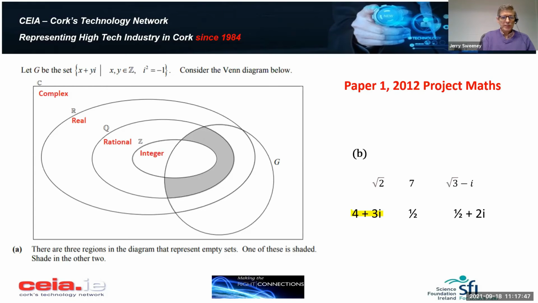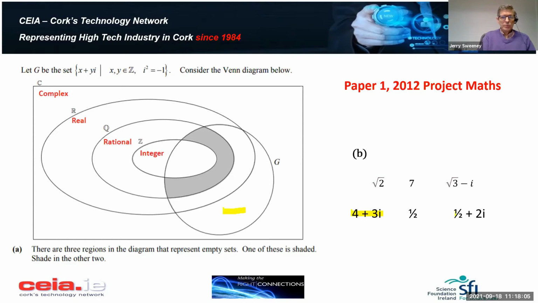So 4 plus 3i goes in here, and it doesn't go in complex numbers per se because the values of X and Y are both integers.